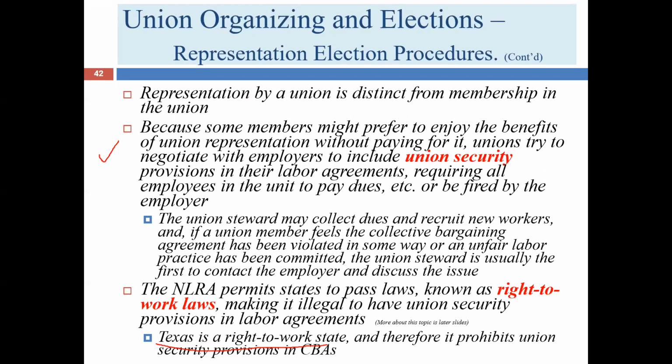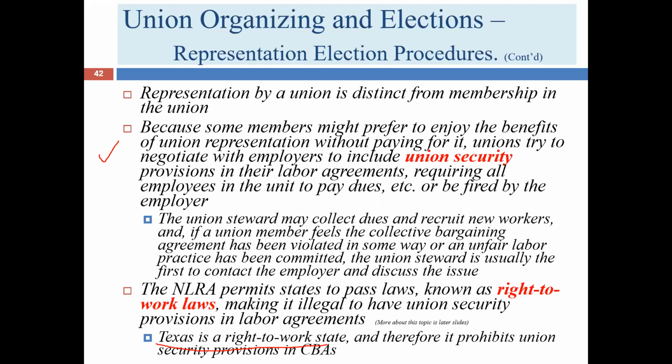Now, if they don't join the union, they're not going to have the opportunity to vote on the collective bargaining agreement. They're not going to have a vote or a voice in deciding what the priorities are for the collective bargaining agreement. They aren't going to be able to become a shop steward. But even though they're not joining, the union is still lawfully required to represent their interests.